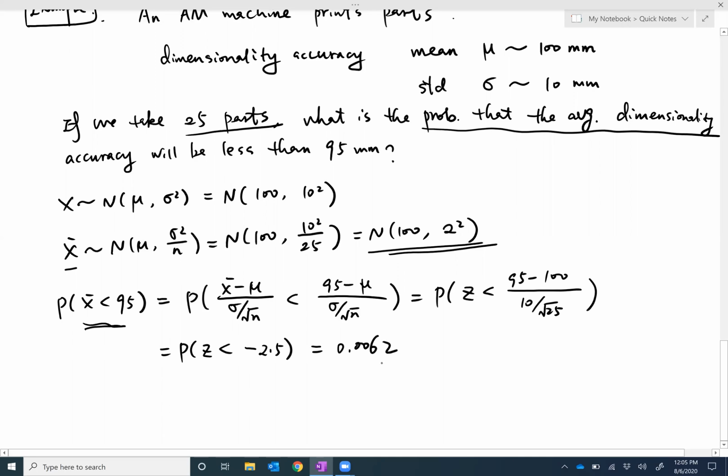Okay. So from this example, we know the population standard deviation, and we want to get the distribution of the sample mean. And then for 25 parts, we want to see how likely it is to be less than 95 millimeters. This is how we leverage the central limit theorem to solve the problem. Okay, so this is the end of the central limit theorem.